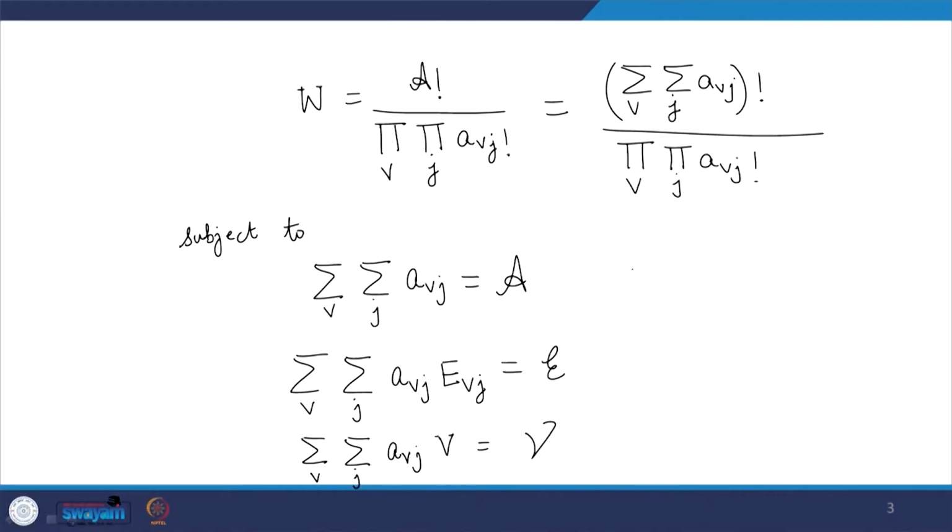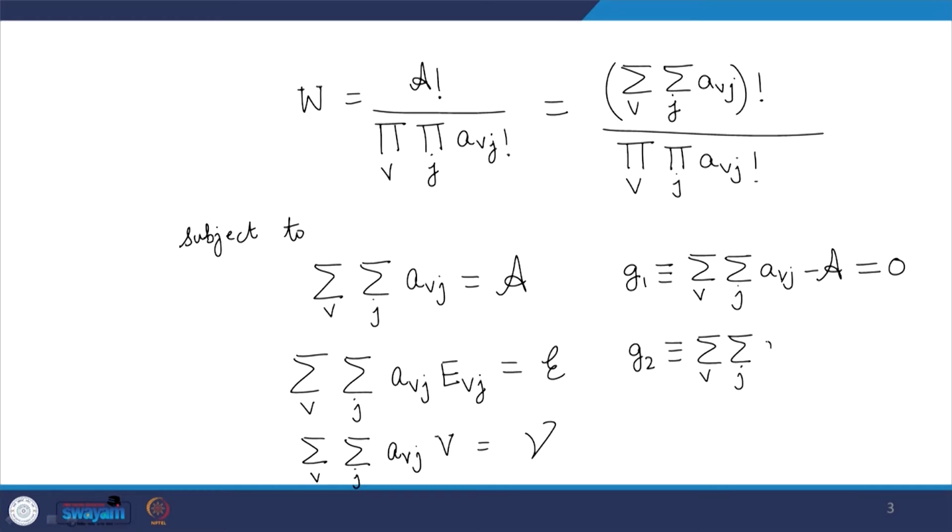Systems interact with the bath, that is how we get constant temperature and pressure, but systems do not interact between themselves, so as to speak. So, therefore, I can define three constraints. Let me call it G1, G2, and G3.